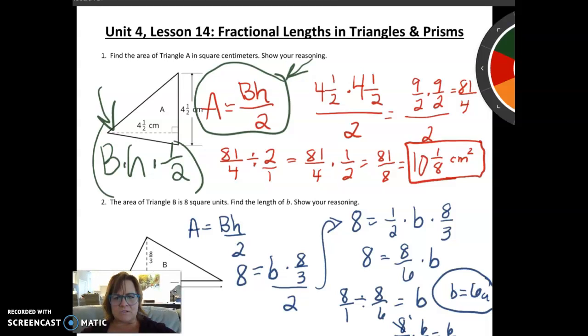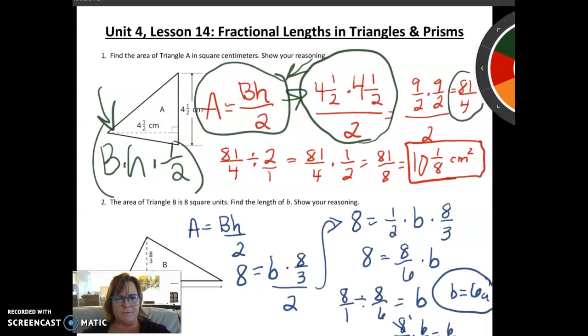So to go from base times height divided by 2, I'm going to do 4.5 times 4.5 divided by 2, right? Because my base is 4.5, my height is 4.5. So I'm going to think of 4.5 as 9/2. I'm going to do 9/2 times 9/2 divided by 2. So that's 81/4. But then I'm going to have to divide that by 2. So here I have 81/4 divided by 2.